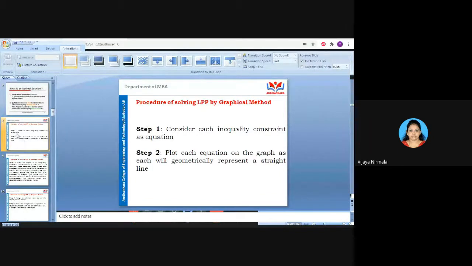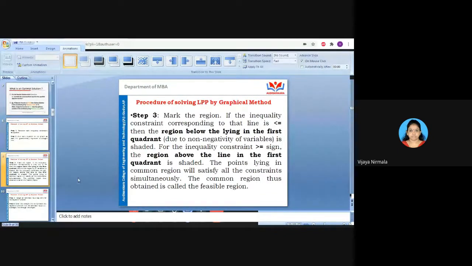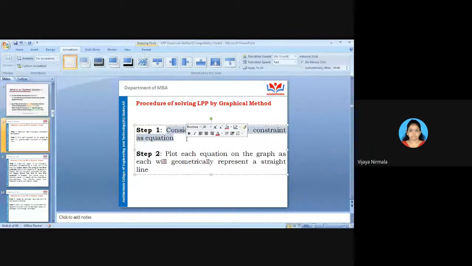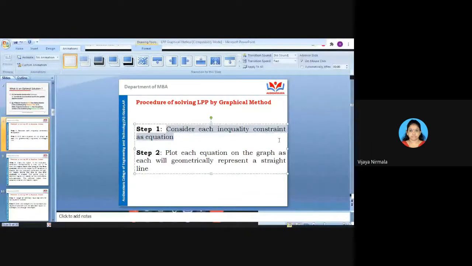So this is also the procedure that we have written. First step, consider the inequality constraints and convert them into equations. Whatever inequality constraints are there need to be converted into equations.